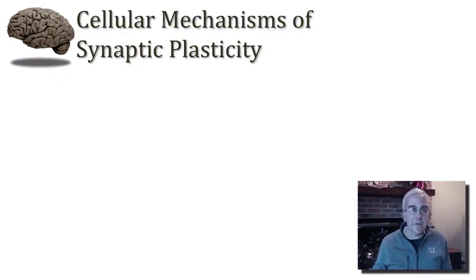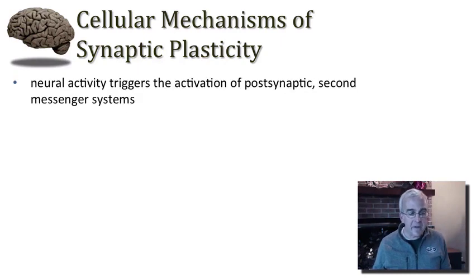So let's just review some of the basic cellular mechanisms of plasticity that seem to apply to multiple forms of plasticity. And we'll see how these are played out in different contexts. So plasticity usually begins when neural activity triggers the activation of postsynaptic second messenger systems.